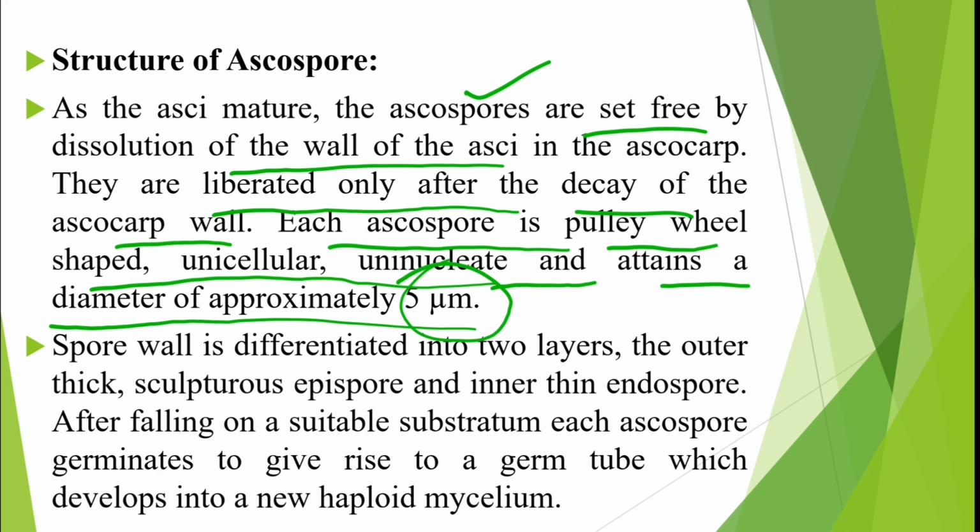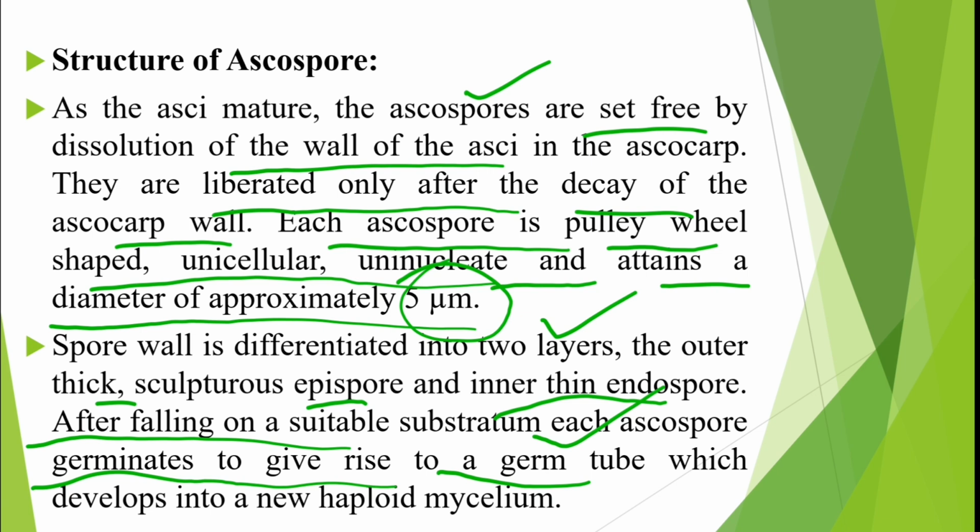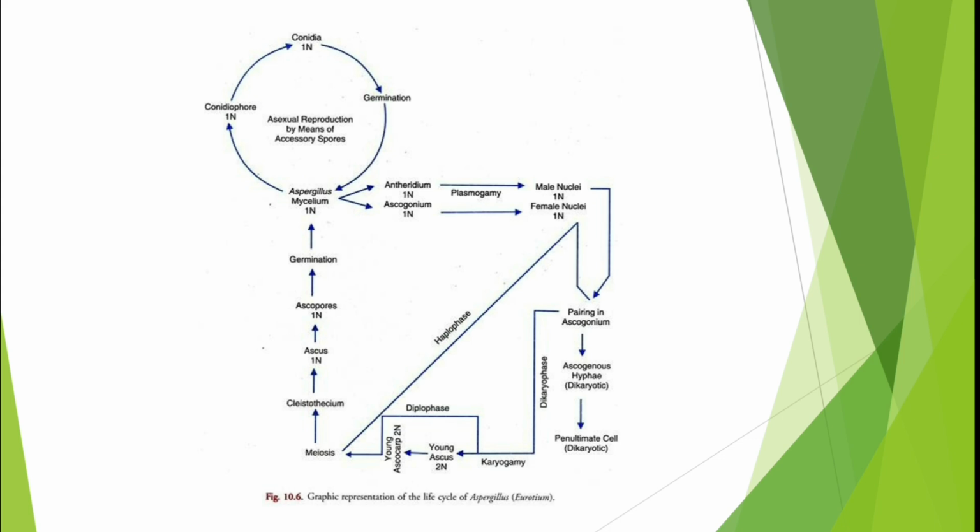The wall of these ascospores is differentiated into 2 layers: the outer thick sculptured epispore and the inner endospore. After falling on a suitable substratum, each ascospore germinates to give rise to a germ tube which develops into a new haploid mycelium again. So it is all about the life cycle of Aspergillus.